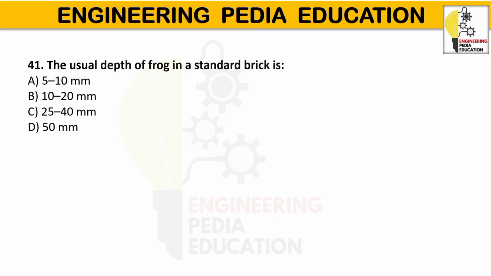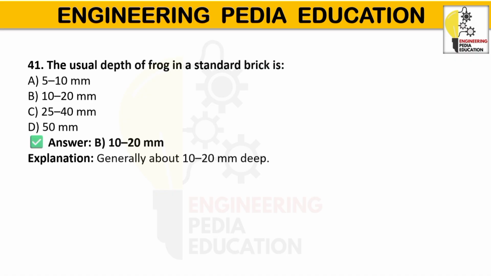The manufacturer's mark is given on this frog. So the correct option is B, generally about 10 to 20 mm deep. That is the standard brick frog depth.